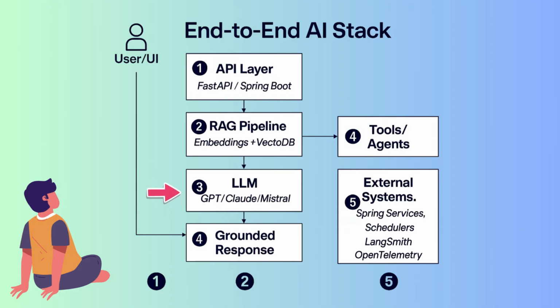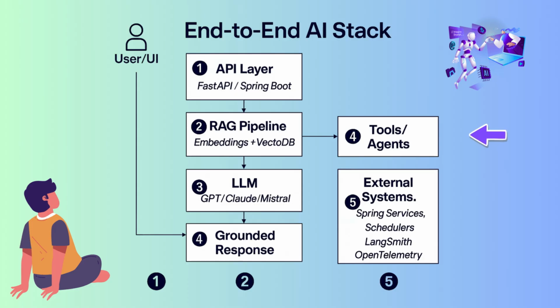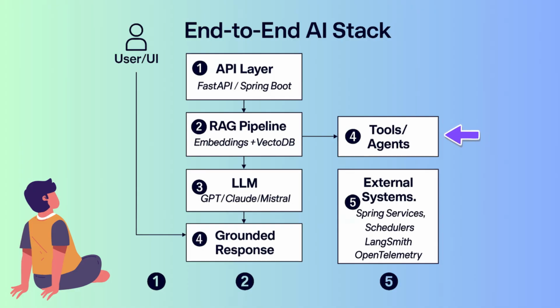This keeps responses controlled, and at this point, the LLM may decide to call tools or agents, which is step 4. These tools can query databases, create Jira tickets, call cloud APIs or trigger background jobs. Think of tools as the LLM's hands. It reasons first, then acts through controlled interfaces.